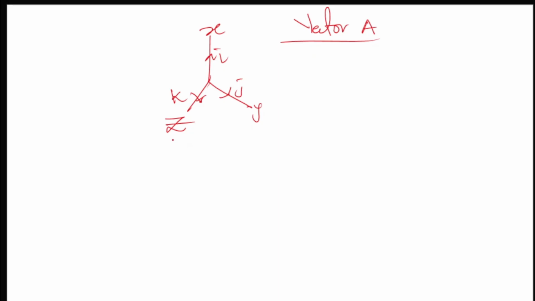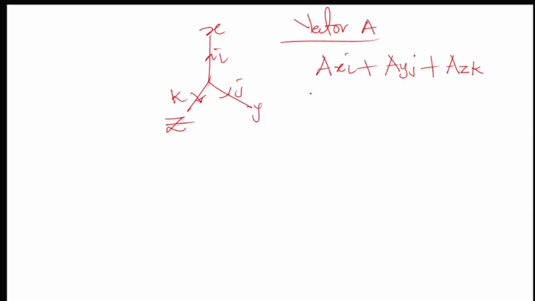X, Y, and Z. So if we are representing A in this coordinate, it's going to be AX of I plus AY of J plus AZ of K. So basically, this is your vector A. You've simply represented your vector A using these alphabets on your Cartesian coordinates. So this is your vector form for vector A.